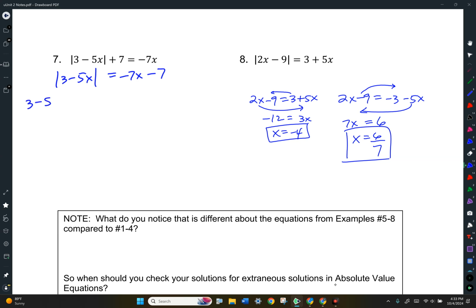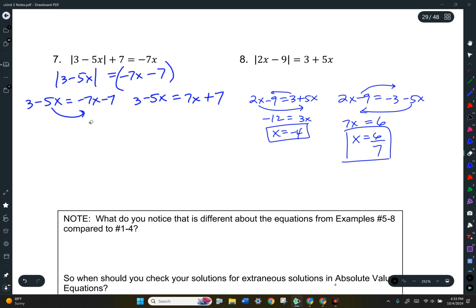Either 3 minus 5x equals exactly what's over there, or 3 minus 5x equals the opposite of what's over there. Well, negative of that whole thing would be positive 7x plus 7. Okay, so just to finish this out, I'll go ahead and solve. So how about if I move the 5x over here. You know what? I changed my mind. I don't want to do that. I want to move the 7x.